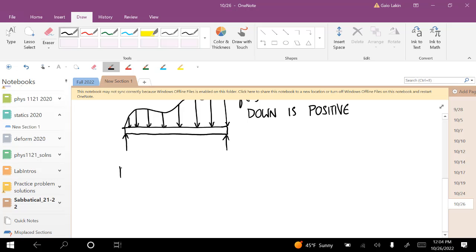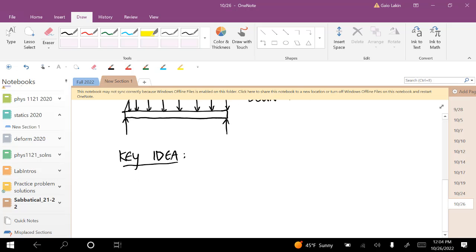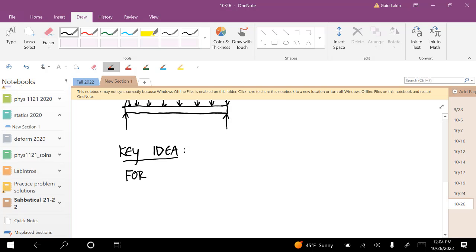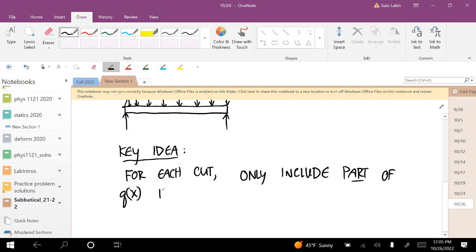And the key idea is, for each cut, we're only going to include the part of Q of X that acts on the isolated part.